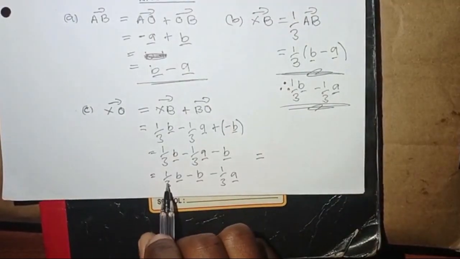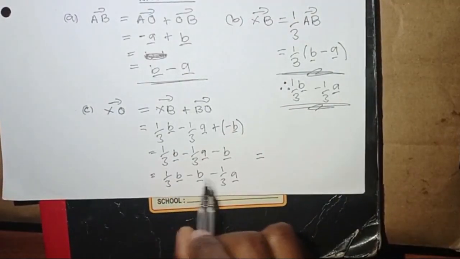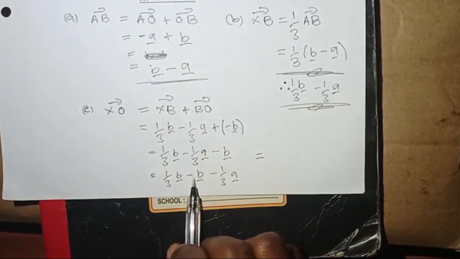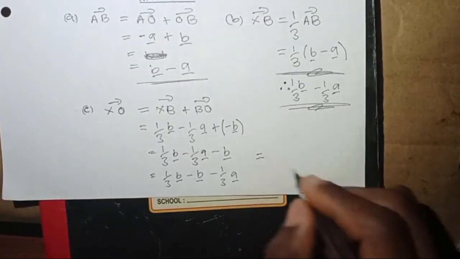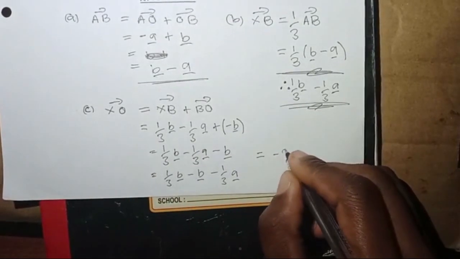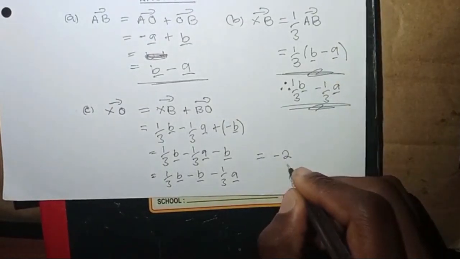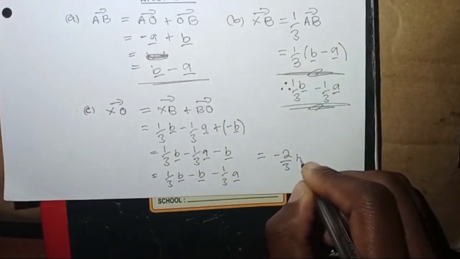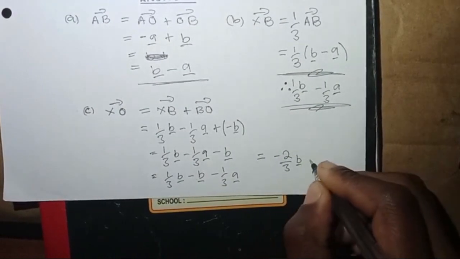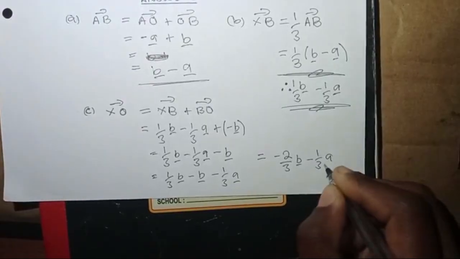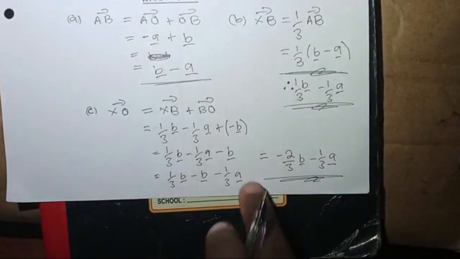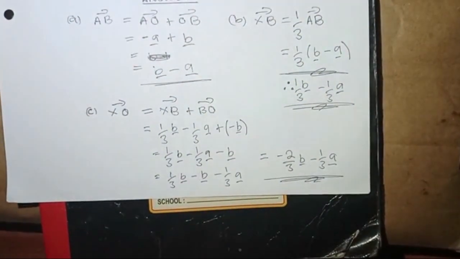When you do 1 over 3 B minus B, it's like 1 over 3 minus 1. So the value will be minus 2 over 3 B minus 1 over 3 A. That will be your final answer for this part of the problem.